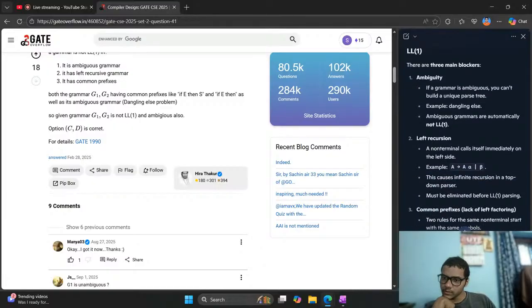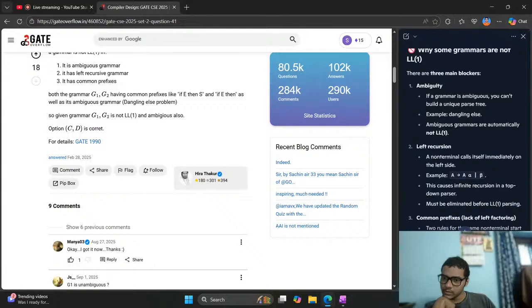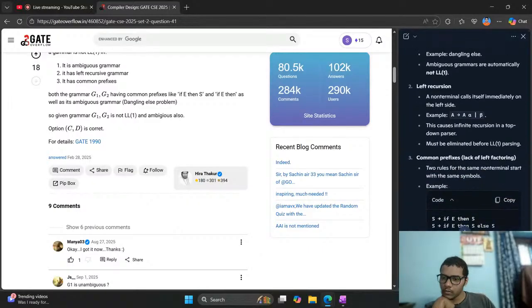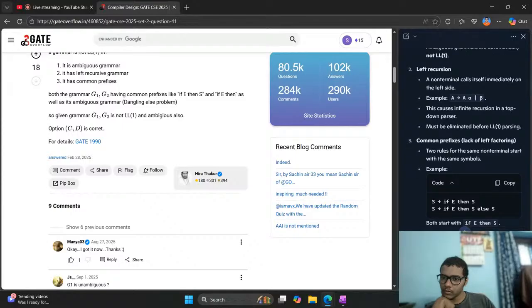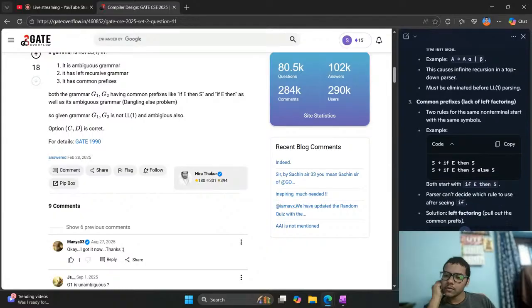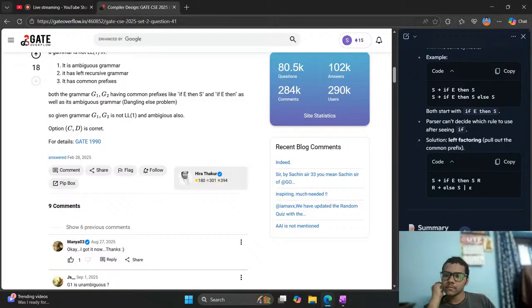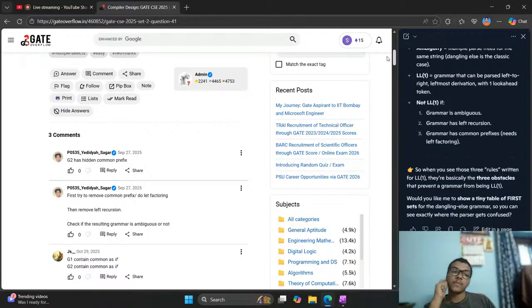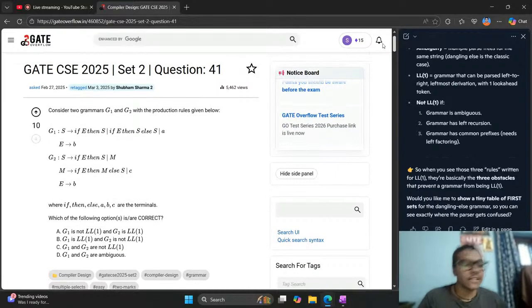Also the lack of left factoring. That is making sense. Compiler design is an interesting subject.